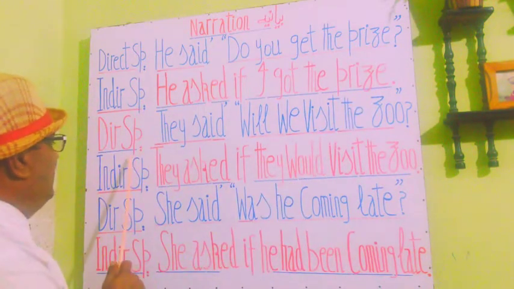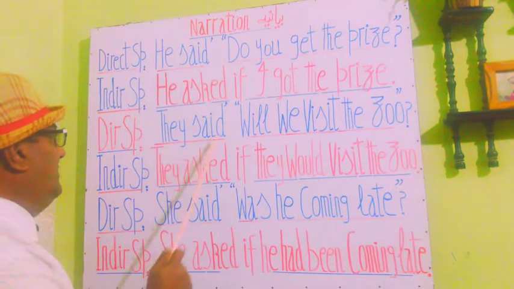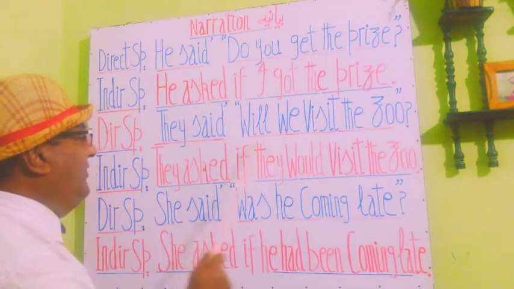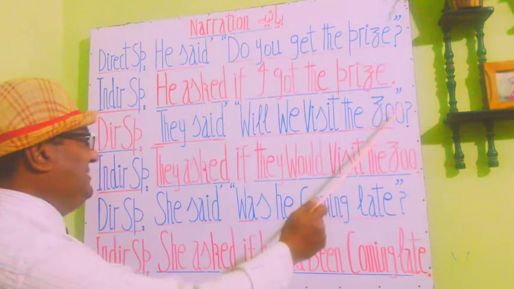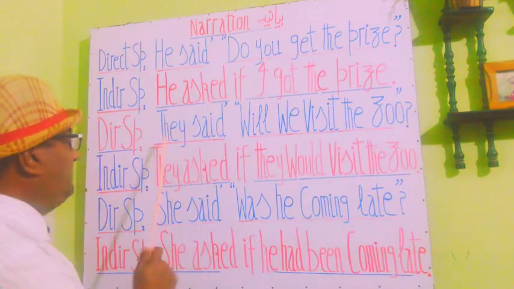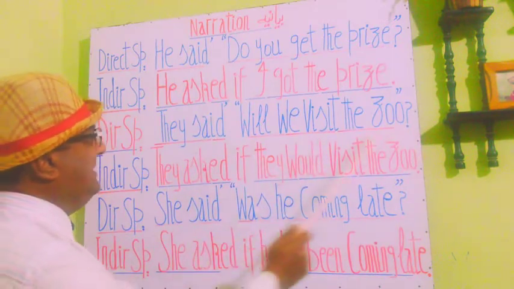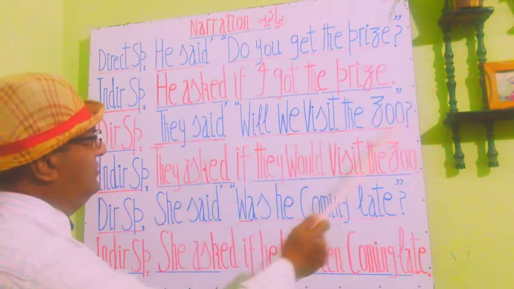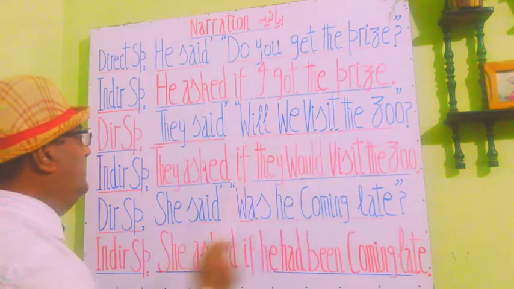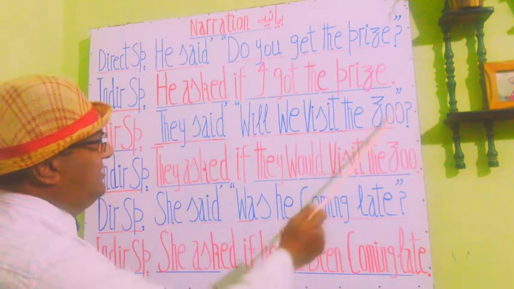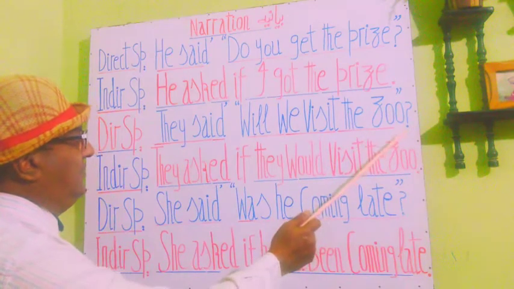Let's see the next speech. They said, comma, inverted comma, "When we visit the zoo?" Comma closed, interrogative sign.